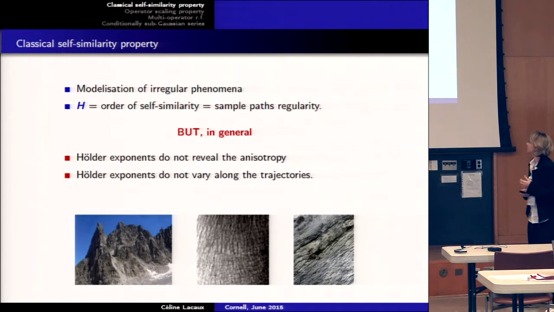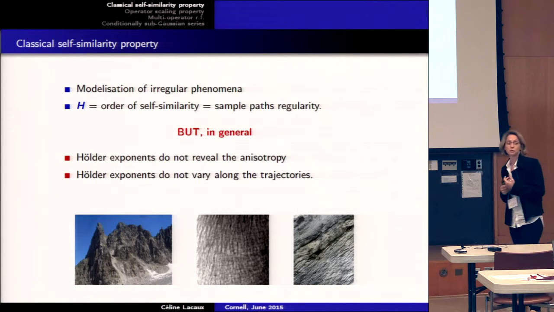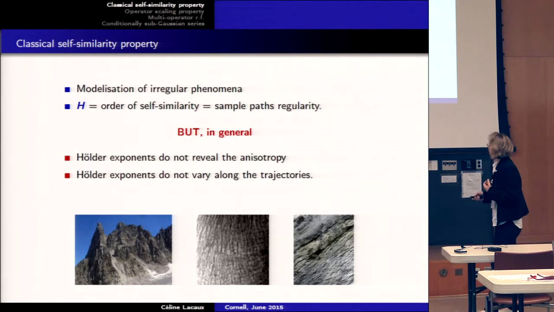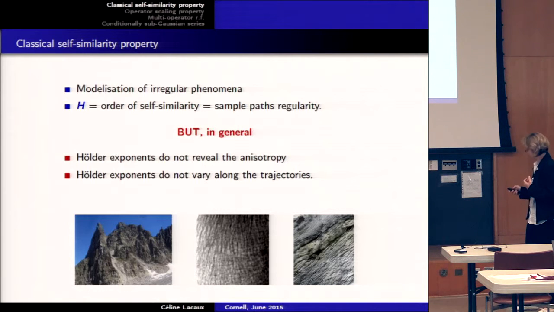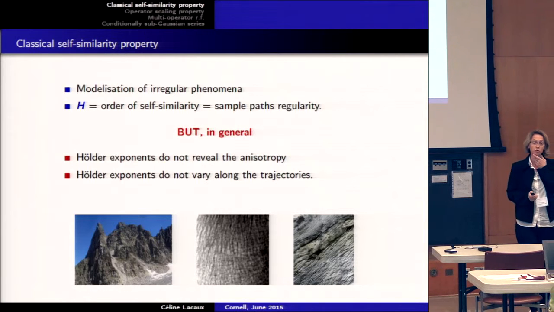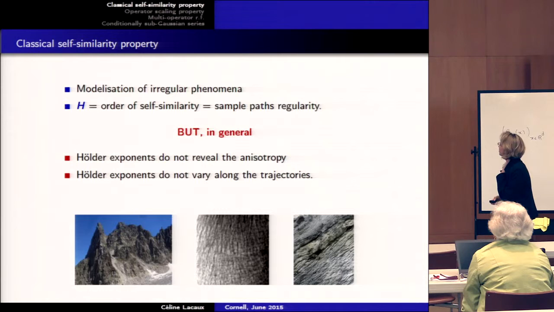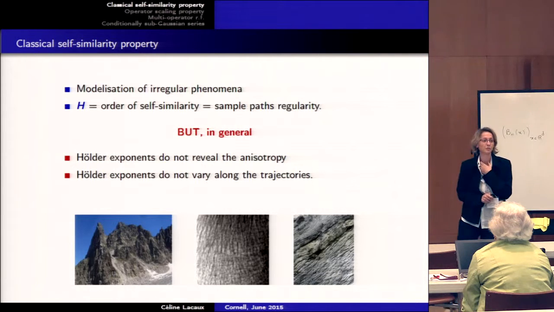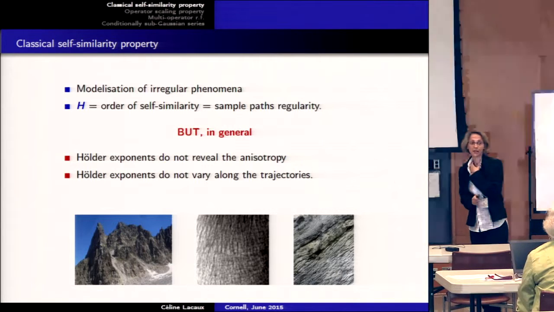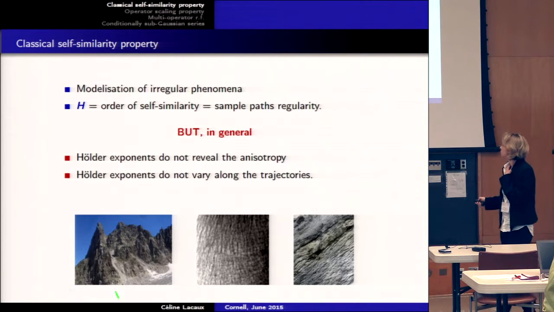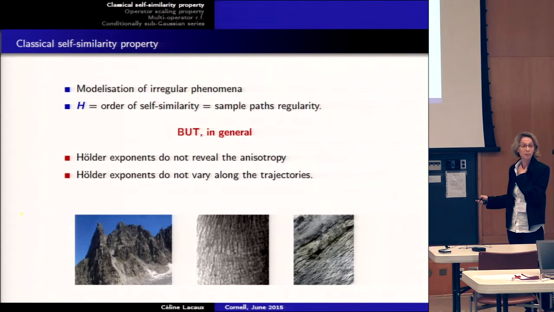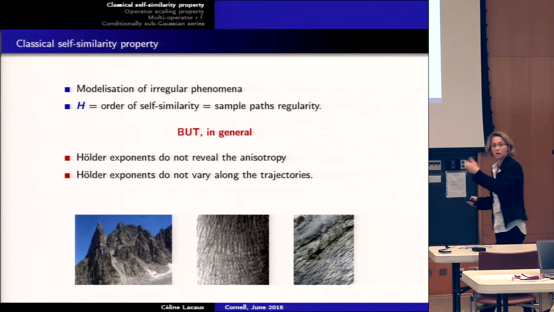So if you want to model, for example, a mountain, or here an image of a trabecular bone, that won't be a very good model, because you would like the sample path regularity to vary with the position.